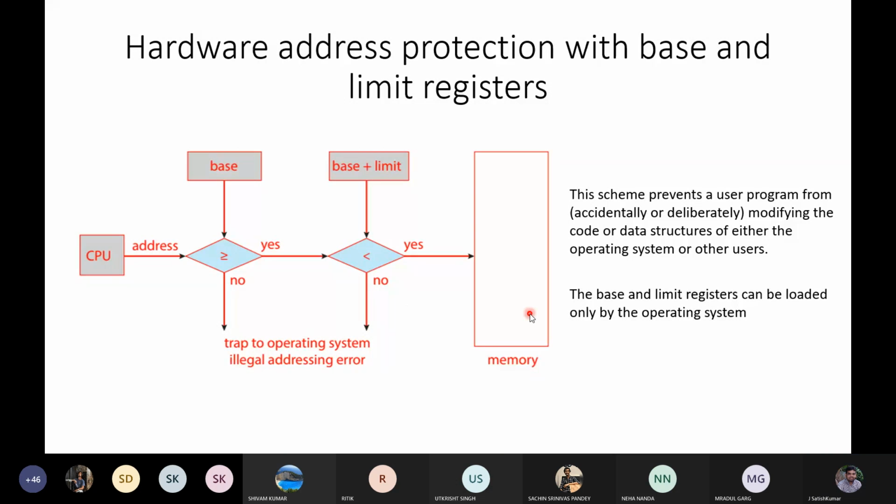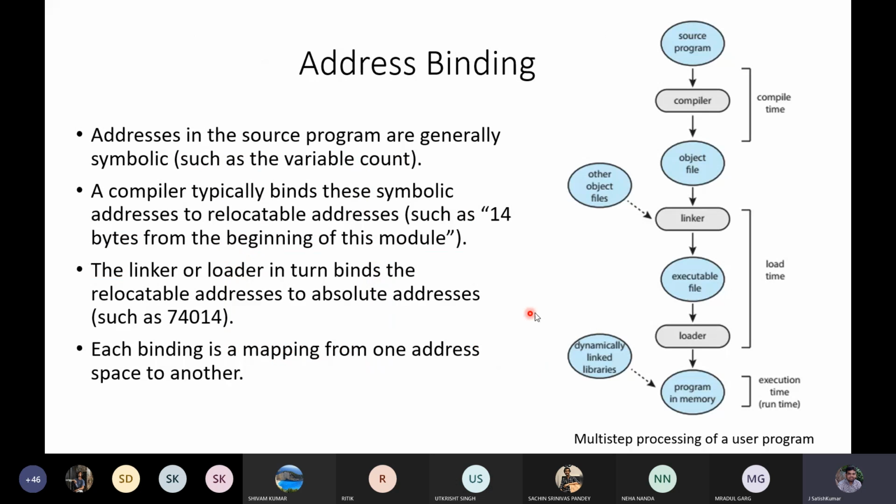Yes, sir. Okay, let us now try to understand address binding. Whenever you write a source program, the compiler will convert your source program into an object file, right? You would have studied in first year C programming how a user program is converted into executable code. When you compile your source program, whether a C, Java or Python program, it will create an object file.